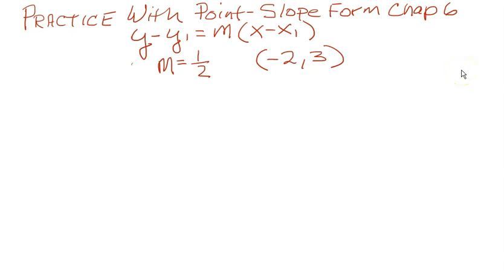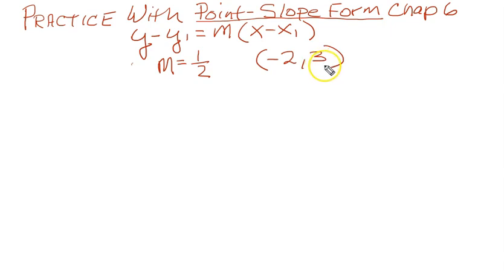One of the areas in Chapter 6 that I find some students have trouble with is when they're asked to write an equation in point-slope form where the slope is a particular value and there is a particular point.